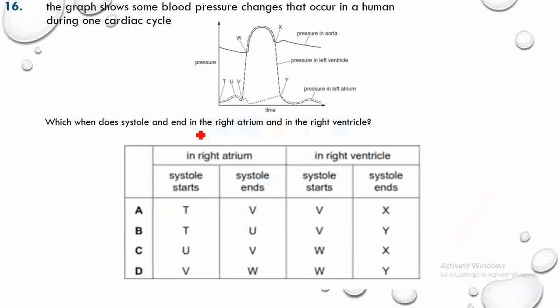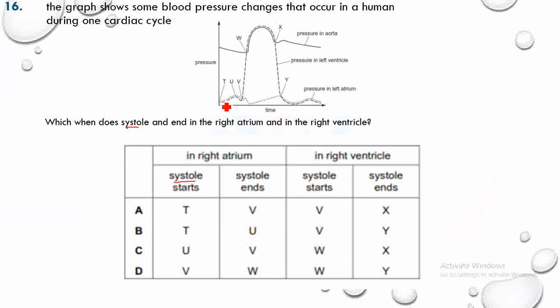Okay, so don't forget that the dotted smaller line is the pressure in the left atrium, the dotted bigger line is the pressure in the left ventricle, and the thick one is the pressure in the aorta. Remember, looking at what is happening at systole in the atrium, you can see that the pressure is increasing.